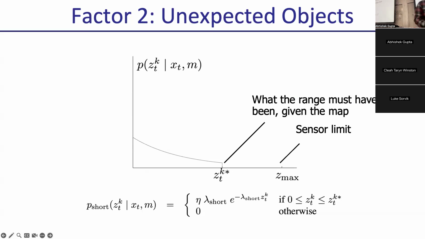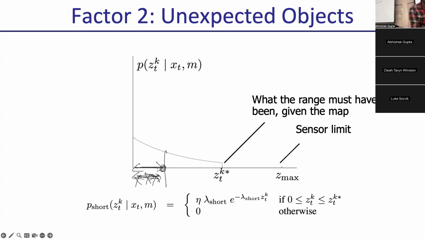for a measurement to happen with the unexpected object, there has to be no obstacle before it. Like let's say your obstacle was here. To get this measurement, you have to have no obstacle anywhere before this, right? So in order to get this reading, there has to be no obstacle here, no obstacle here, no obstacle here, right?